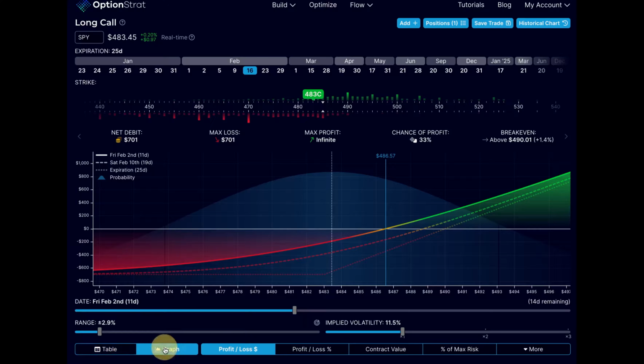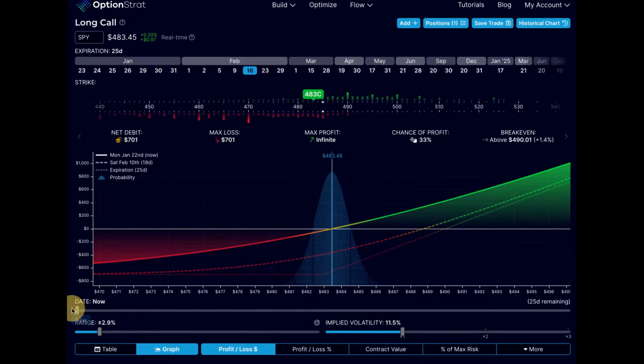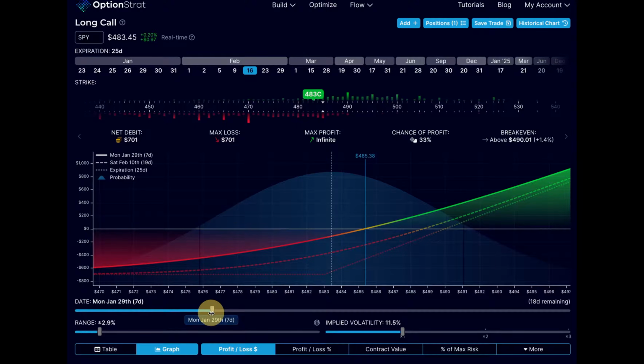If I come to graph mode, this is going to show a P&L diagram. If I slide my date all the way to the left, this is today. If I slide this to the 29th, this is what you would have seen as P&L if you looked at the table for the 29th.